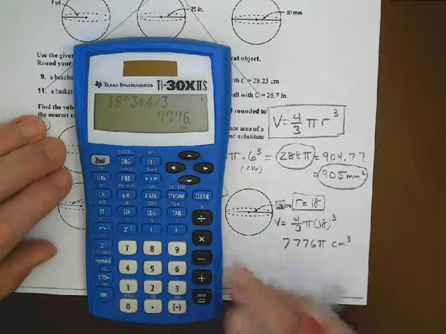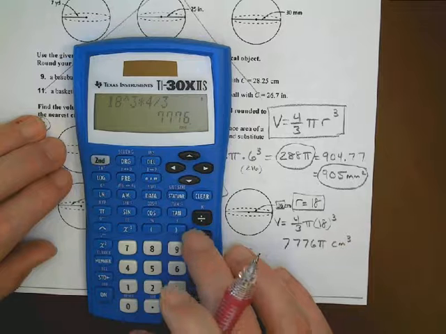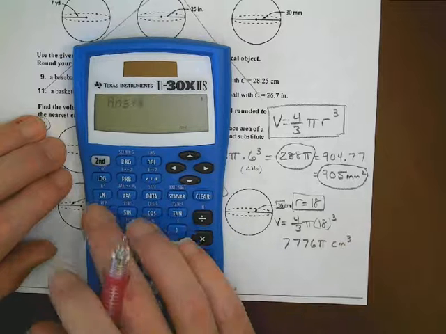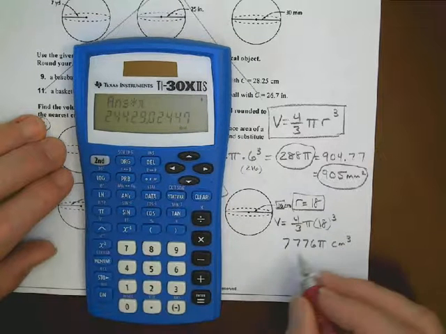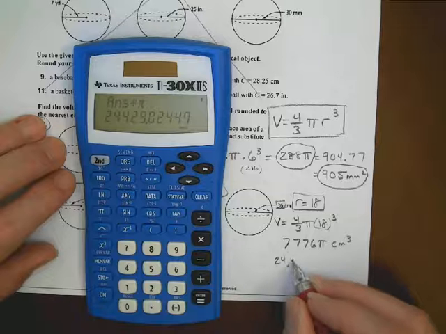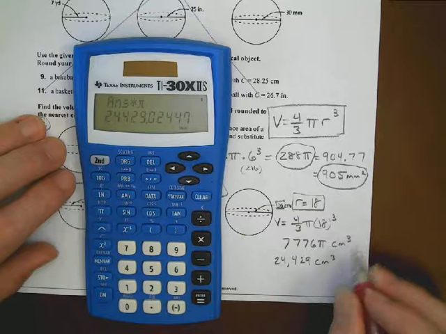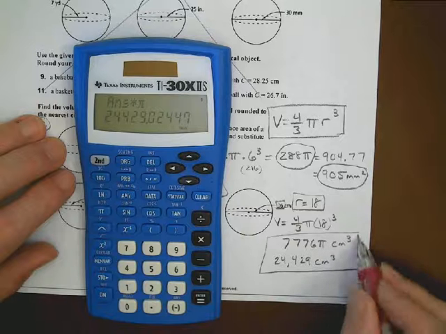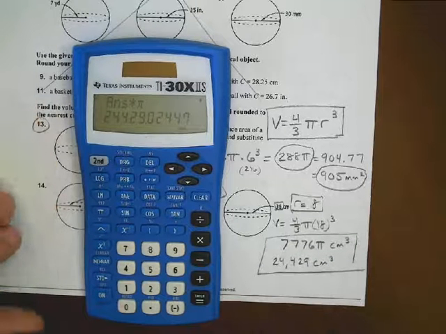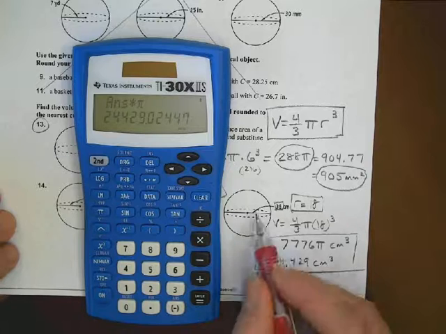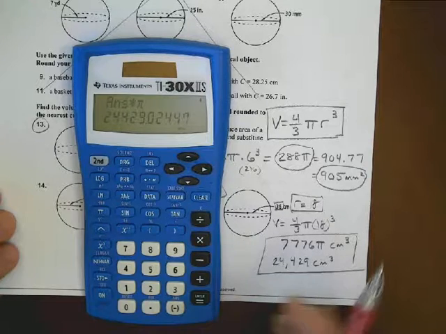To solve it in terms of not pi, I'll multiply that by pi, and I end up with 24,429 centimeters cubed. So those are my two answers for that problem right there. Again, the only trick was take your diameter, make it into a radius. Let's look at the last one here.